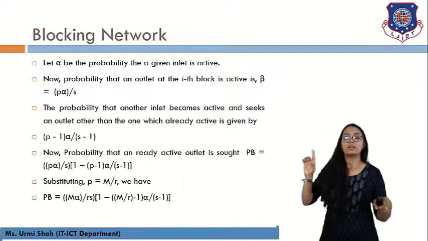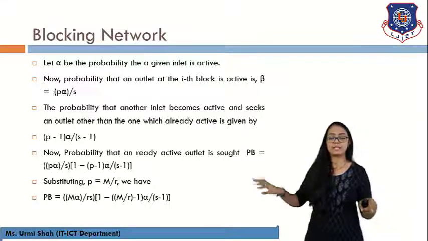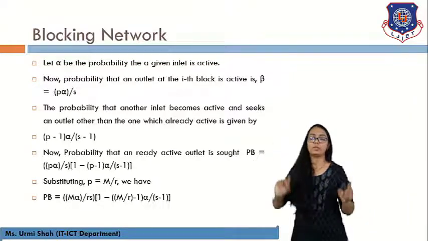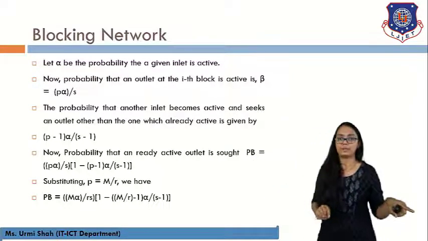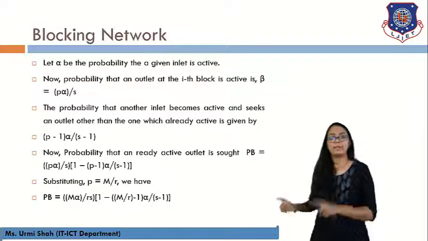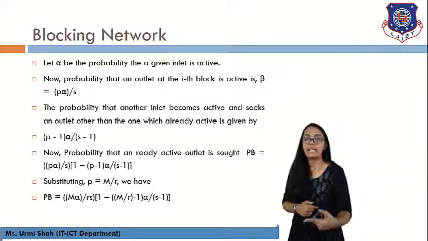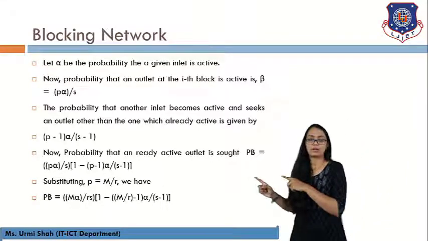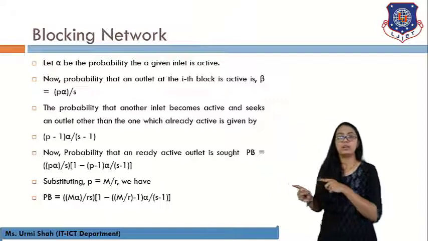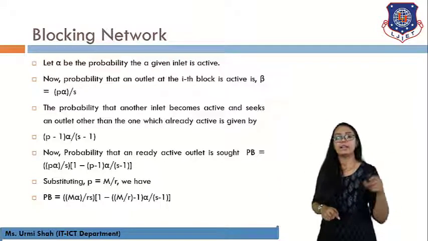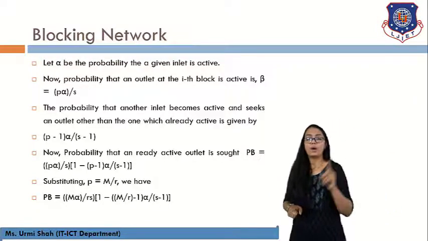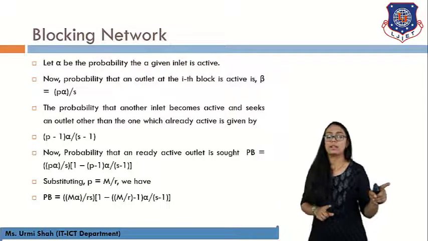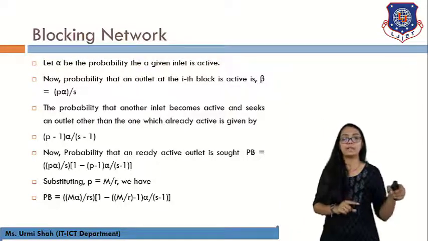One inlet will be fewer, that's why from the above formula we have subtracted 1. Now the probability that an already active outlet is sought, that is PB, is equal to P alpha divided by S into 1 minus (P minus 1) alpha divided by (S minus 1).